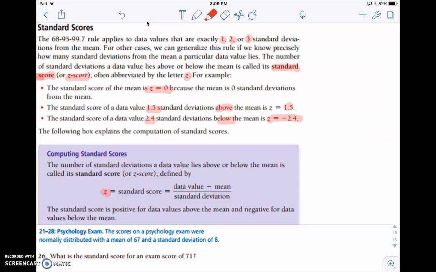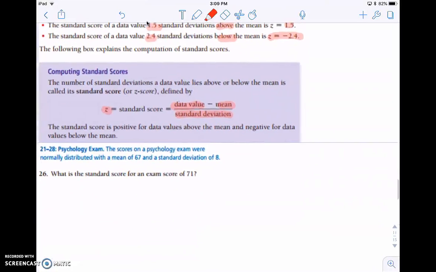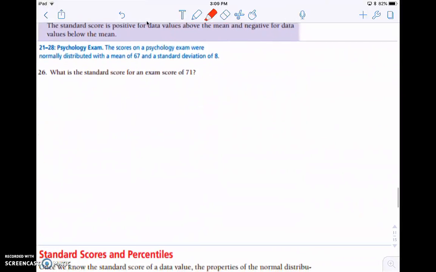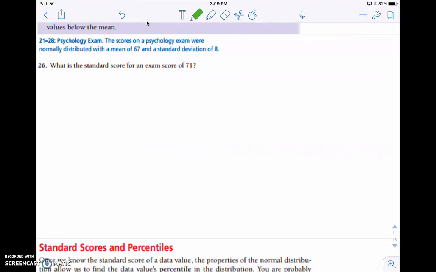And here's how you find it. You take the data value, you minus the mean, and then you divide by the standard deviation. That will give you the z-score, or the number of standard deviations that particular point is above or below the mean. So in this example here, number 26, we have a mean of 67, standard deviation of 8, and we want to know what the standard score is for 71.